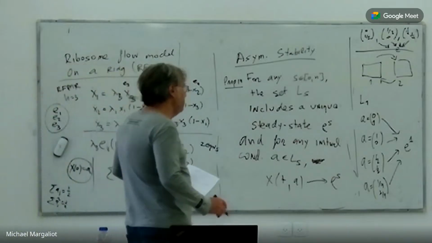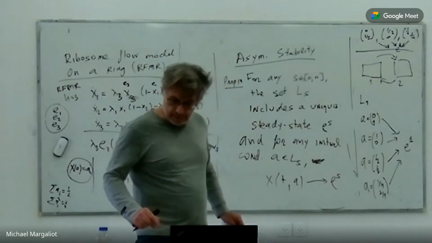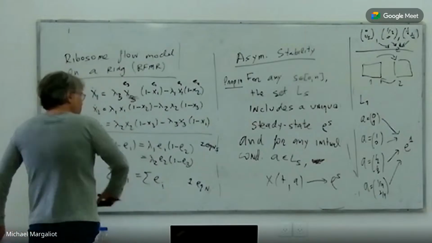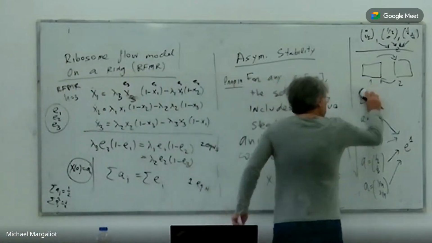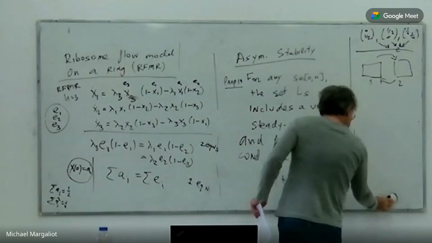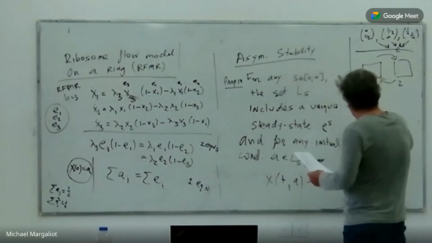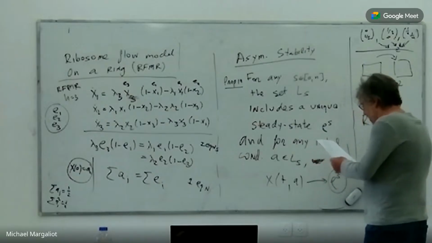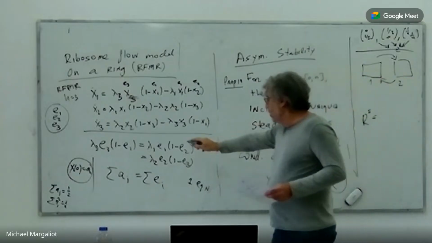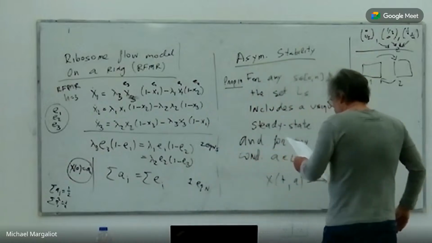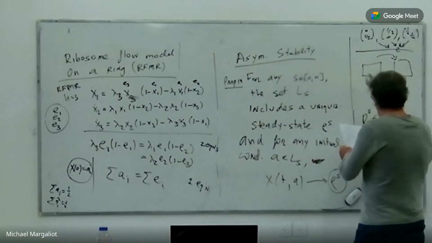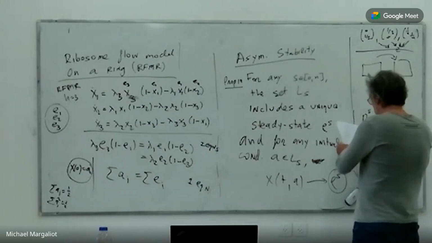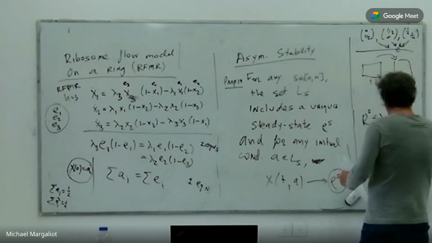Let me just say one thing here, one notation that I forgot to introduce. After I converge to the steady state, the flow is any one of these equations. So for example, I can take lambda_{n-1} E_{n-1}^S multiplied by (1 minus E_n^S).